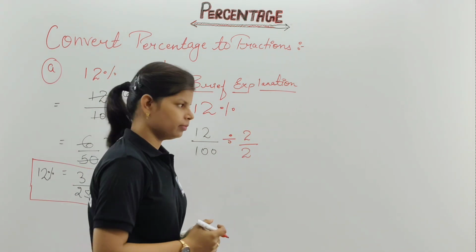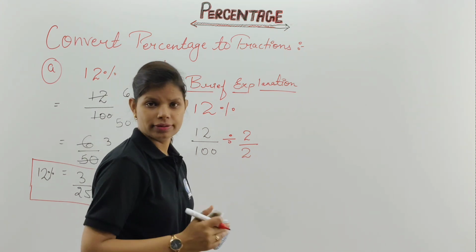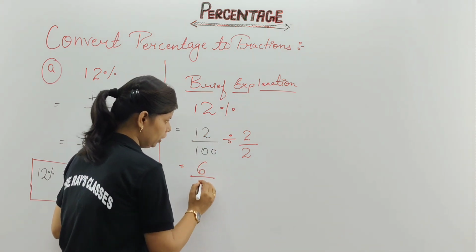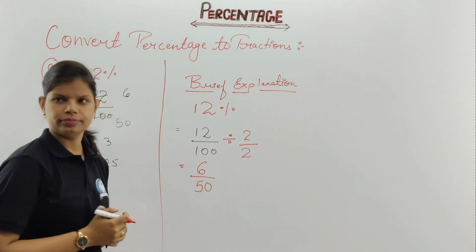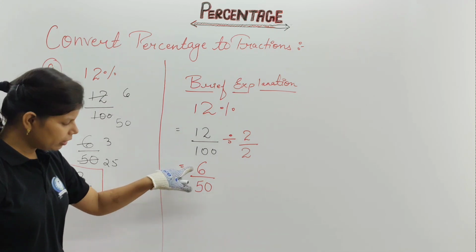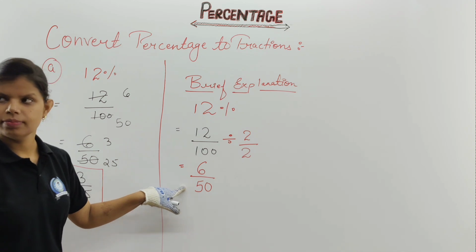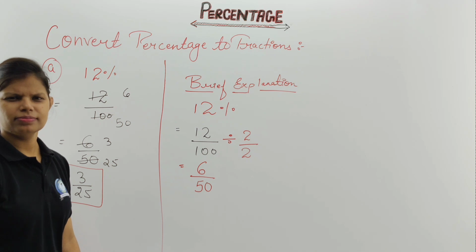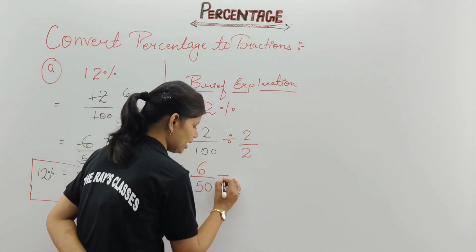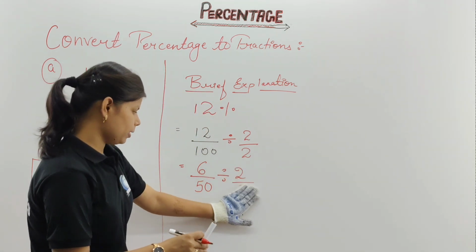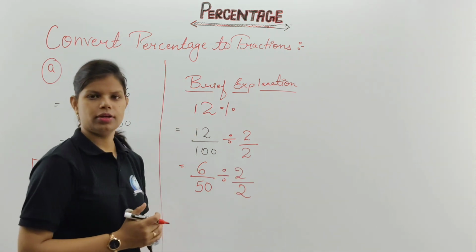Now when you divide with 2, you get two 6s are 12 and two 50s are 100. Now can this number be reduced to the smallest one? Again I have to divide this with 2. Very good children. You have to divide with 2 to get that.